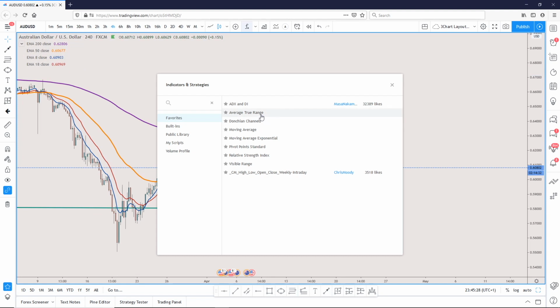So if you weren't able to add average true range and it said you've added the maximum number, all you've got to do is delete one of these. In the meantime, you can just delete the EMA 200, and then you'll be able to apply the average true range. It's just another indicator. So if you had that problem, just delete one of them.